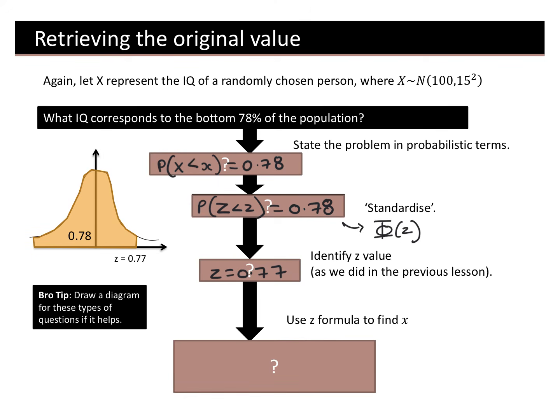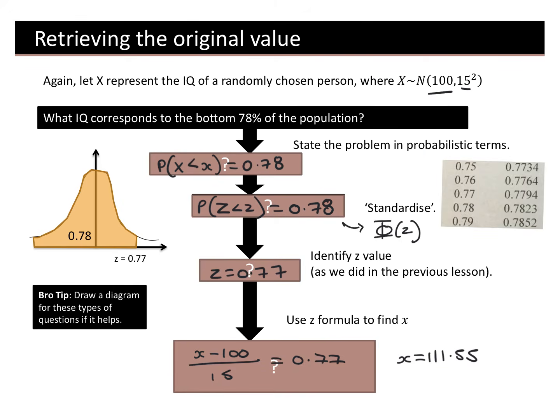The reason we use the z formula is that x minus our mean, which is 100 from the question, divided by our standard deviation, which is 15, equals 0.77. Now I just work backwards: 0.77 times 15 plus 100 is 111.55. And there is our answer.